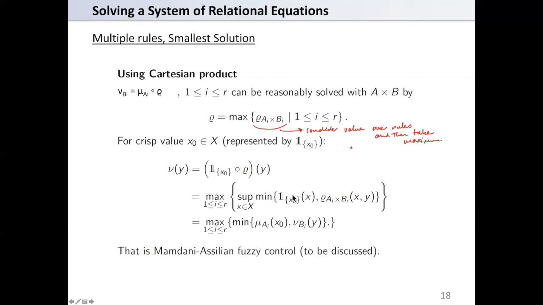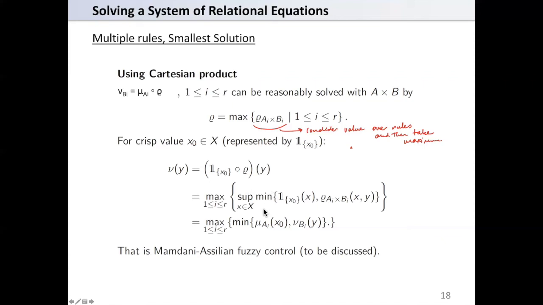We are choosing the minimum of these two, and we are changing x, and we are finding the supremum of these minimum values. So this is the definition of the composition. And then, because we have several rules, we are finding the maximum over each rule.